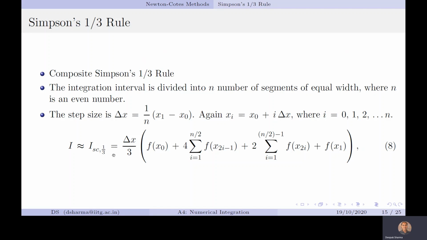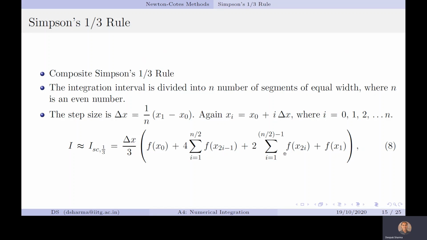This is the value of the integral, which is equal to delta x divided by 3. Delta x is already given, and inside this big bracket we have the function value of x0, then 4 times the summation of f of x 2i minus 1, where 2i minus 1 is in the subscript and the summation is from i equals 1 to n by 2.